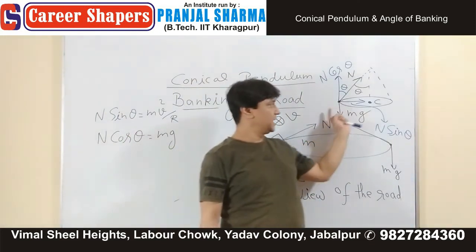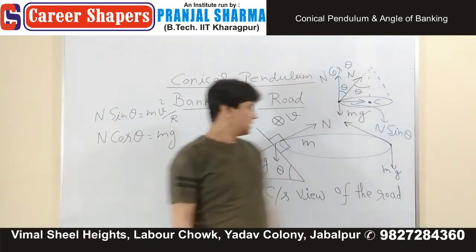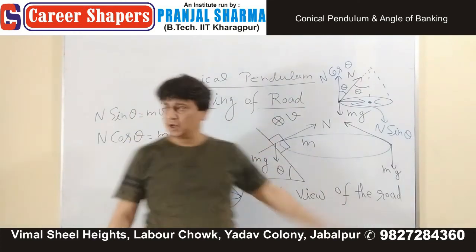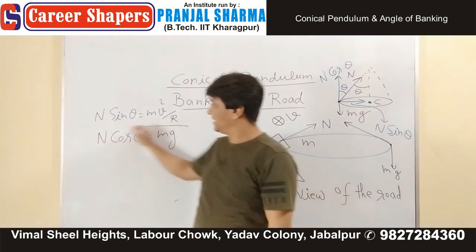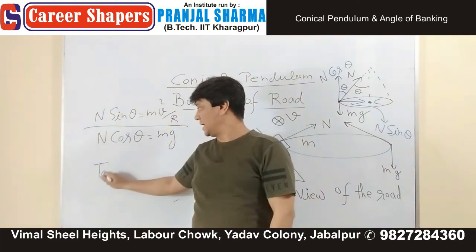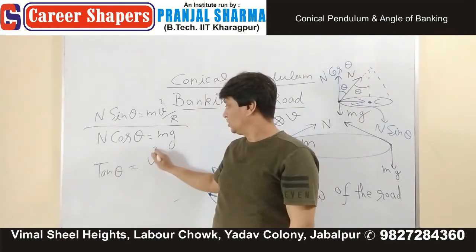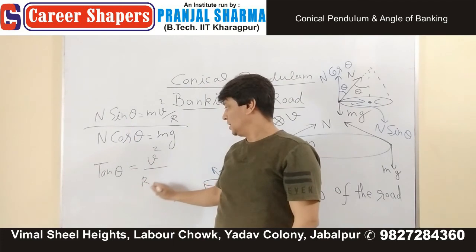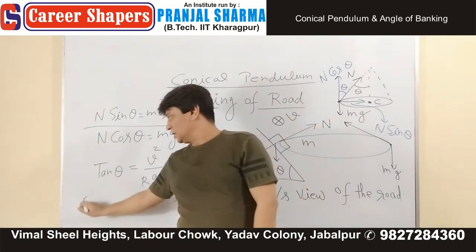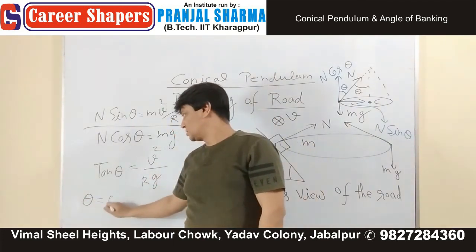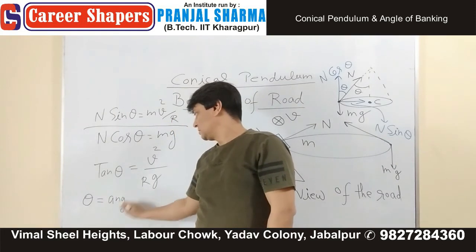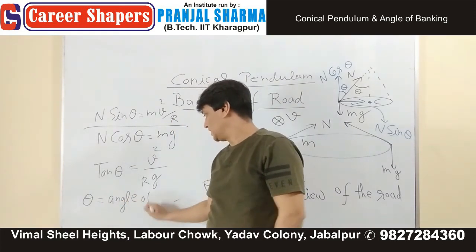N sin theta is acting towards the center. Car is moving with speed v, provide this, divide. What do you get? Same thing. Tan theta = v square upon rg. This theta is called angle of banking.